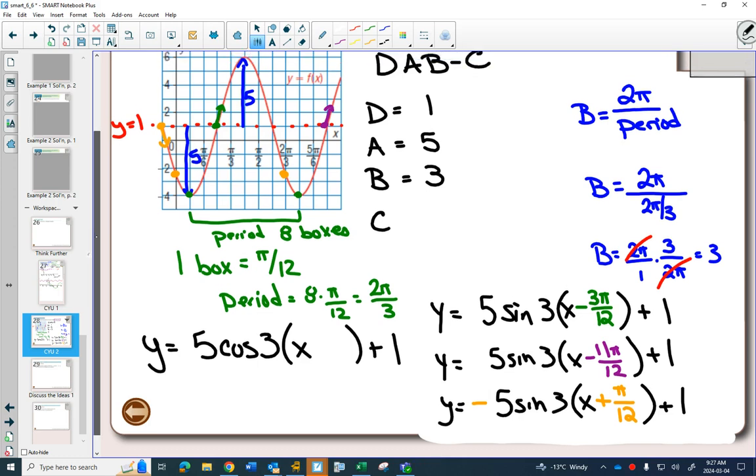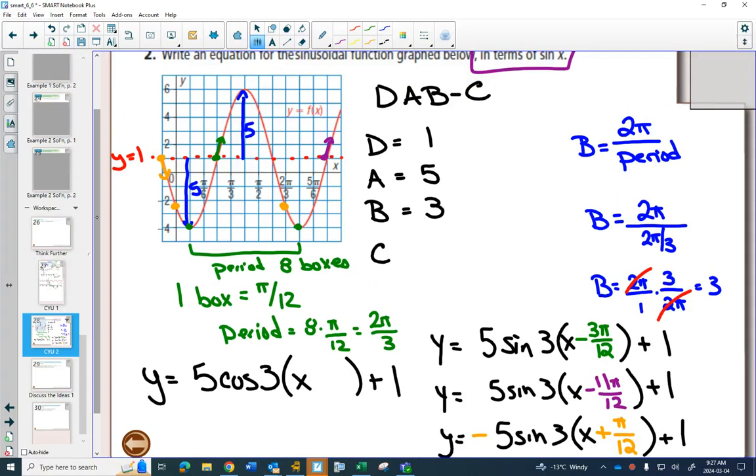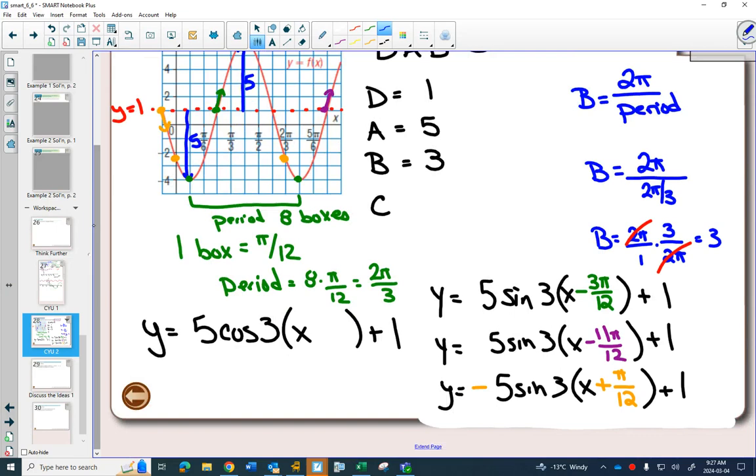But with a cos graph, and I'll color code this one in blue, a cos graph starts at a maximum. So if I wanted to do a cos graph, I'd find a maximum, which is 1, 2, 3, 4, 5 boxes to the right. And I'd have minus 5 pi over 12. So any sinusoidal graph, you can choose whether you want to make it a sine graph or a cosine graph. Either one of those would be fine.